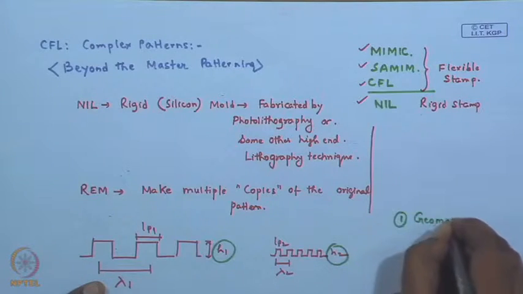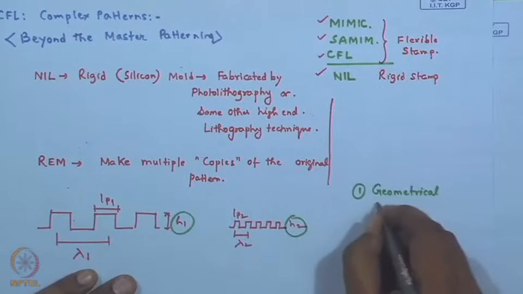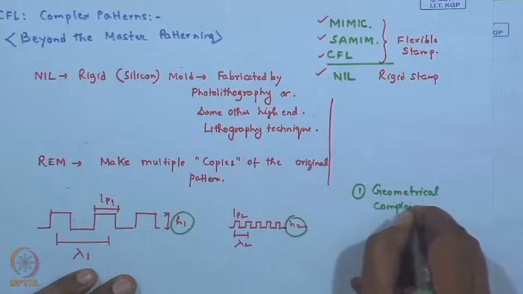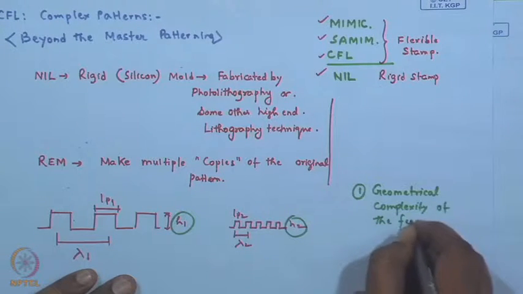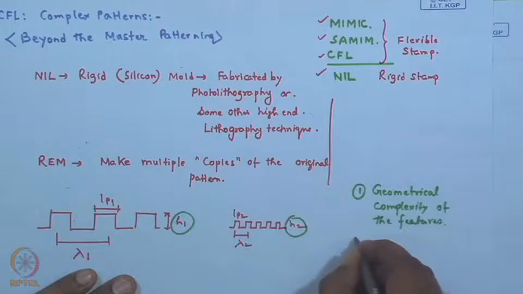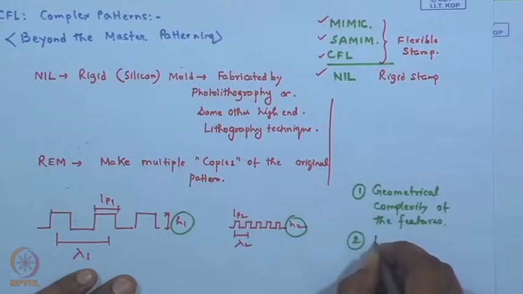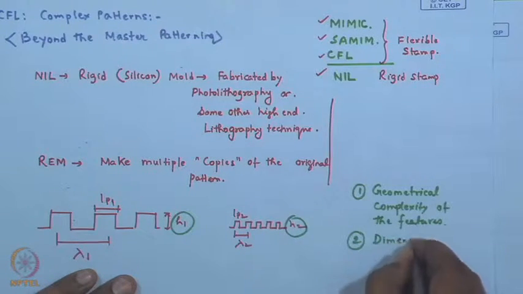The cost of a lithographically fabricated stamp sort of exponentially increases with two things. Number one is the geometrical complexity of the features, and number two is the dimension of the features.